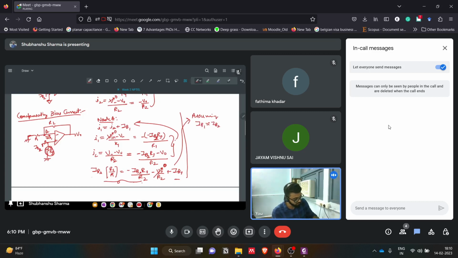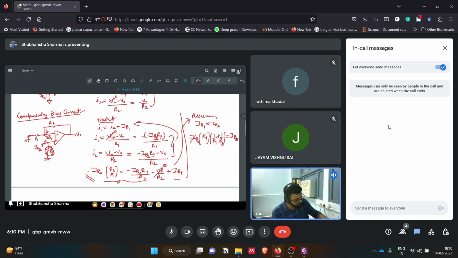Then this equation will become IB into R3 times (1 by R1 plus 1 by R2) equal to IB, this is IB2, this is IB1.